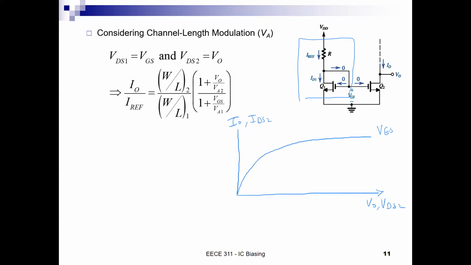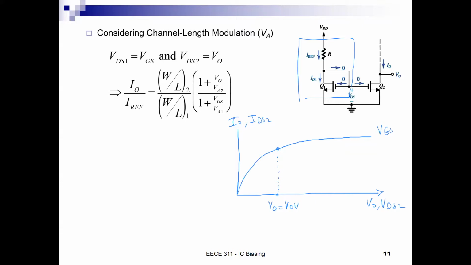When does this circuit enter the saturation? This enters the saturation when VO is equal to what, or when VDS2 equals to what? Sorry, Doctor, can you repeat the question? When does the circuit get into saturation, transistor Q2?